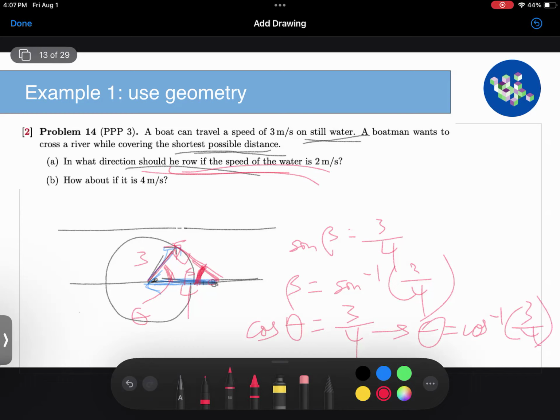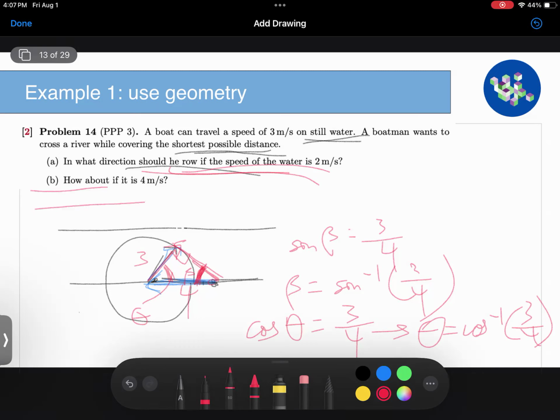So basically, the takeaway from this is we want to minimize the distance traveled, so we want to make the net velocity as directly across the river as possible. In part B, it's a bit hard because we can't go directly down the river.